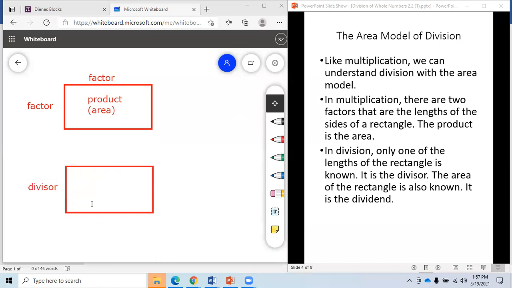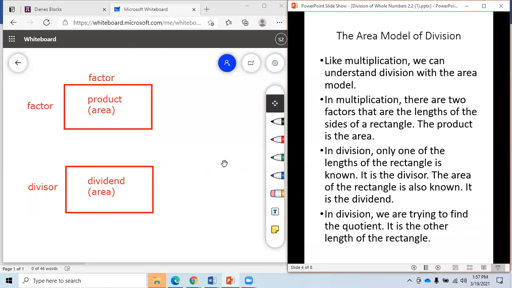The area of the rectangle is also known, and that we call the dividend. What we are looking for is the length of the missing side, or the other length. That is called the quotient.